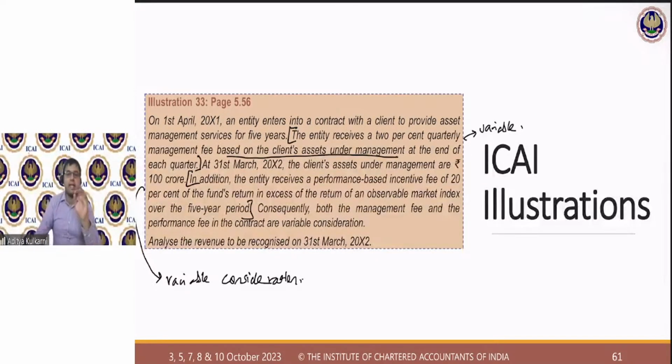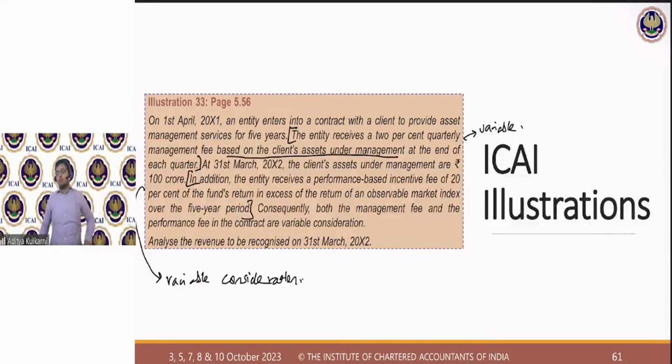And therefore, I cannot include that variable consideration in the transaction price. It is variable consideration, but it is severely constrained in the sense that it is market related, and market related hone ki wajah se I cannot have any say in that regard. Is it okay? Yes.